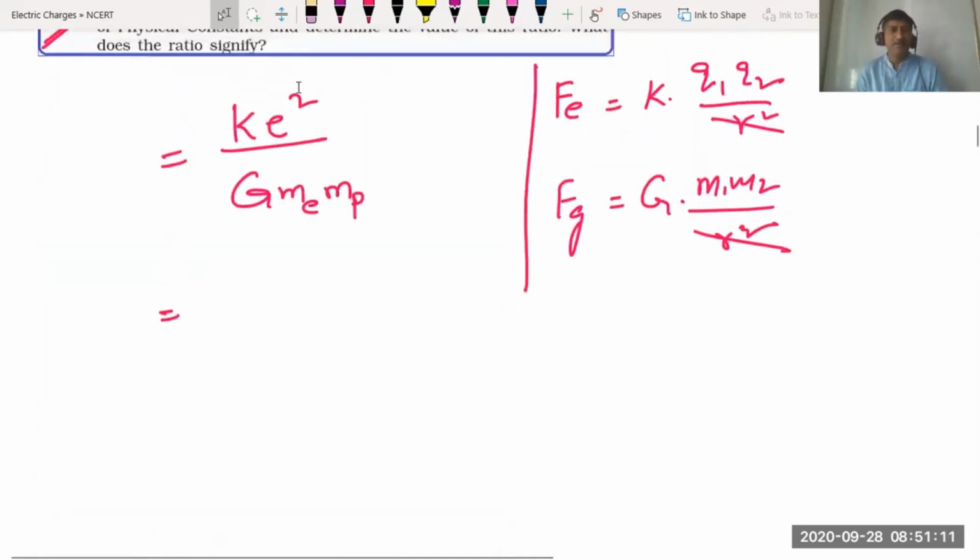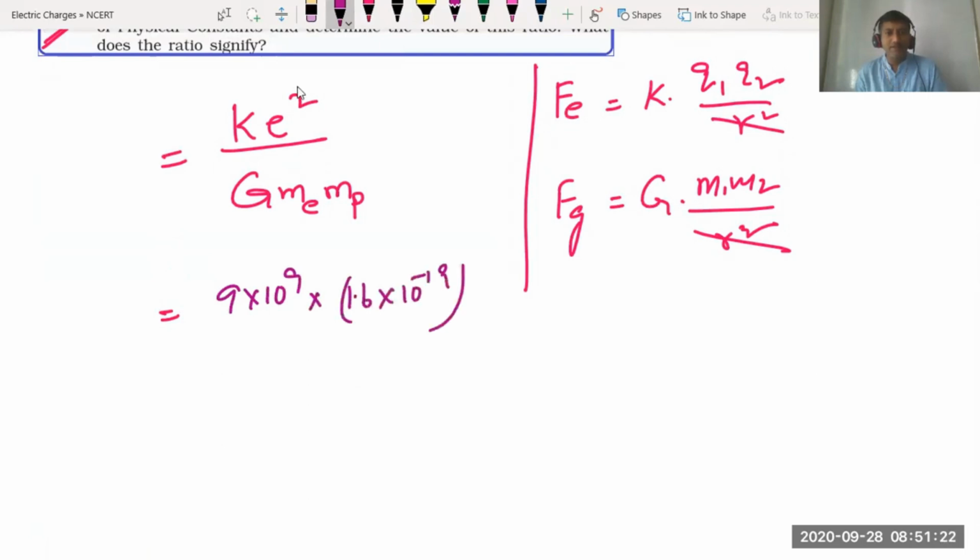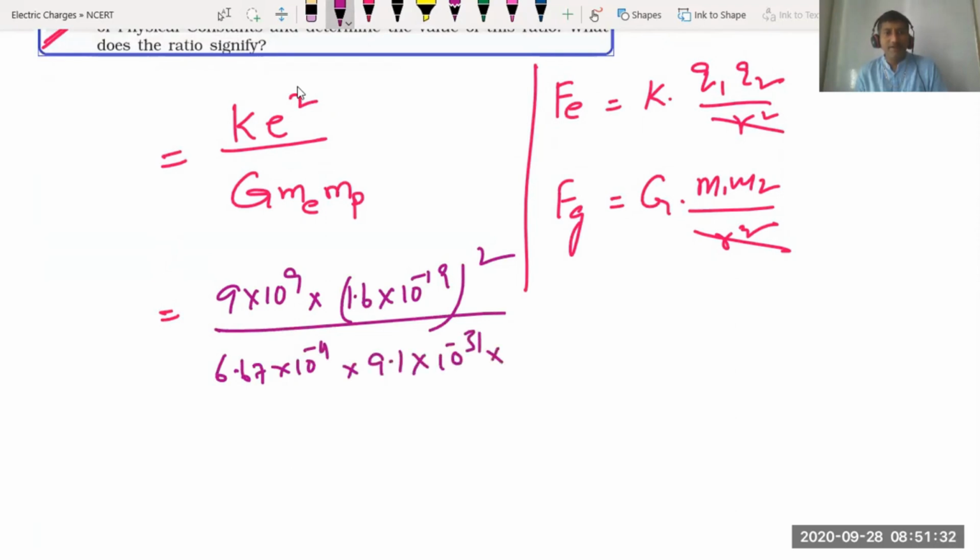These are the constant values mentioned in the table. The same values we are writing here. Now you see, 1 by 4 pi epsilon is 9 into 10 power 9. e square means 1.6 into 10 power minus 19 whole square, whole divided by G, which is 6.67 into 10 power minus 11. Next, mass of electron 9.1 into 10 power minus 31, mass of proton 1.67 into 10 power minus 27.